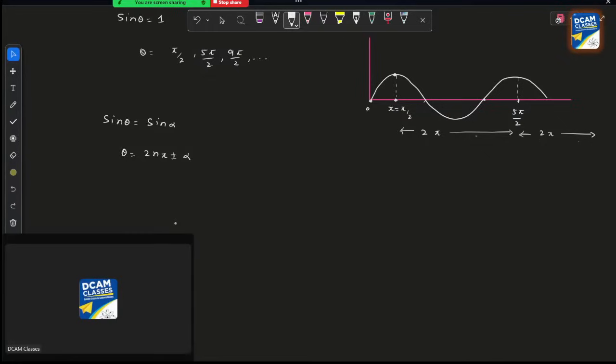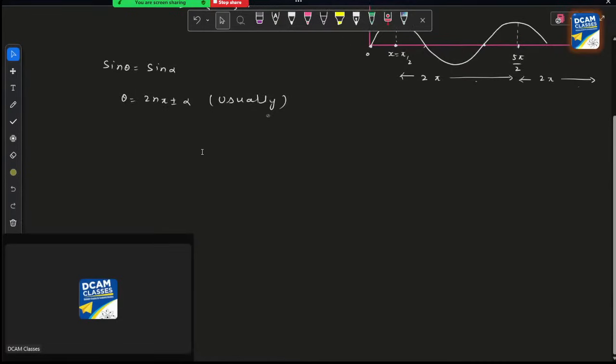Usually this is usual, but not always, because sometimes in the middle also you get some values. So I'll give you some general solutions first, and according to that you will be able to solve the questions.